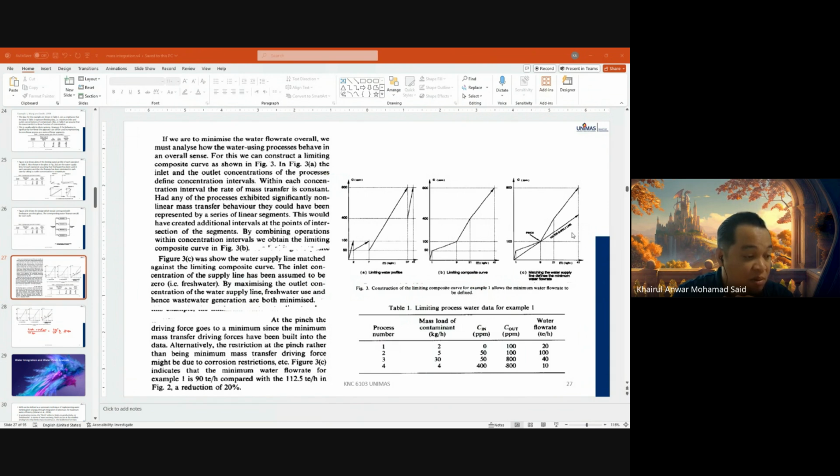The driving force would go to zero or reverse, making it thermodynamically impossible for the water to absorb the contaminant. So by keeping the supply line below the LCC, we can guarantee a feasible design that respects the thermodynamic limit of the process.